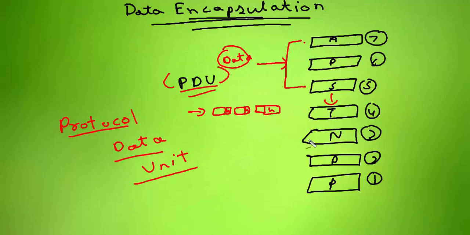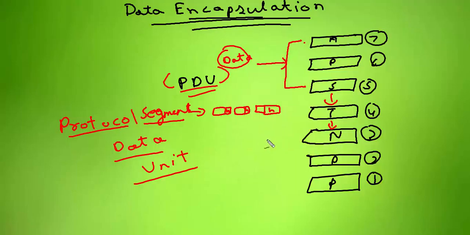Each layer has its own PDU name. When we talk about the transport layer, the PDU is segments. Then the transport layer sends these segments to the network layer.